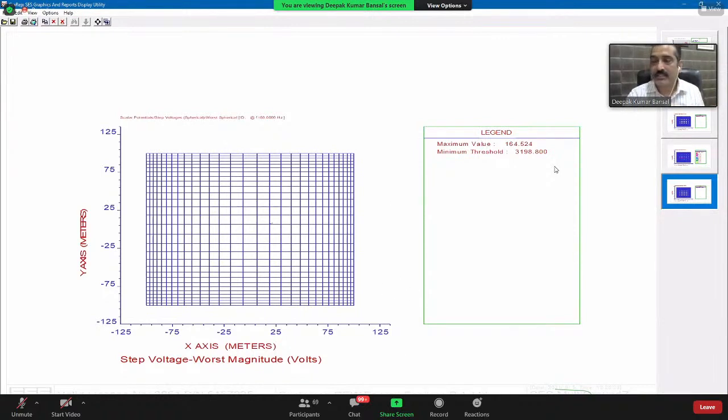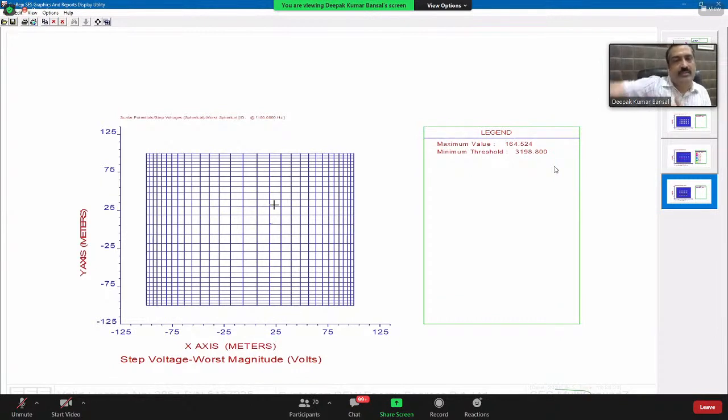Touch voltage is basically the voltage between a person standing on the earth surface and touching any conductor which is carrying the fault current or the GPR, at 1 meter distance. Maximum distance we take is 1 meter, because as we take a lesser distance, the touch voltage will reduce.